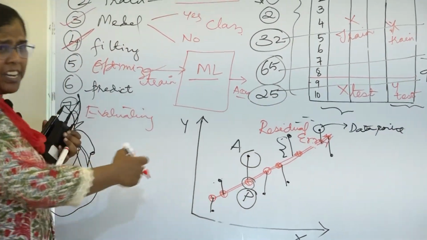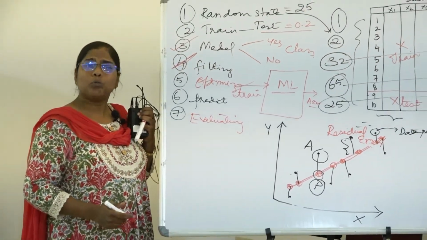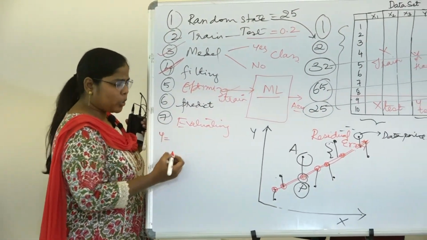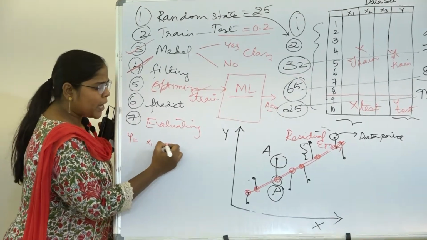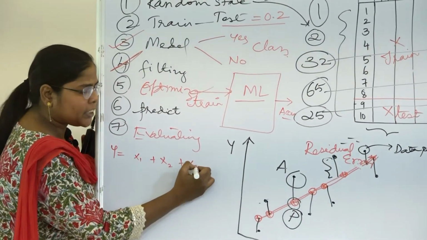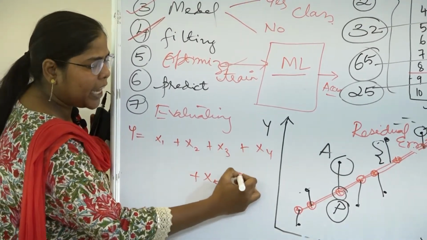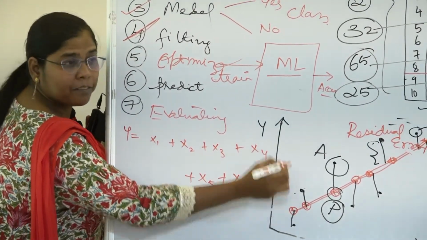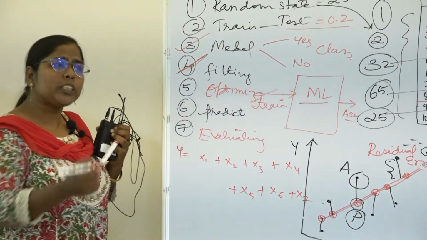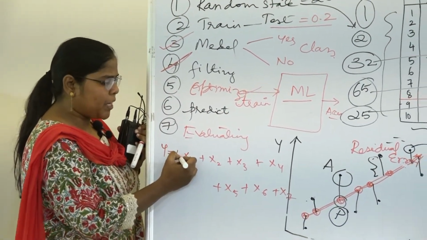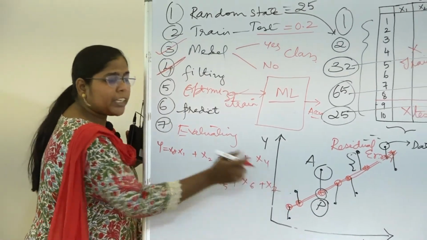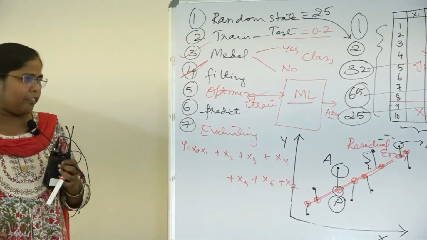Okay. When I want to plot this line, how do I have to do? Y is equal to x1 plus x2 plus x3 plus x4 plus x5 plus x6 plus x7. When we do some assumptions, there will be an x0, so we take x0 to x7.